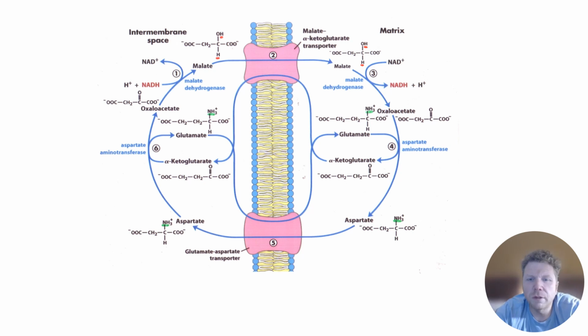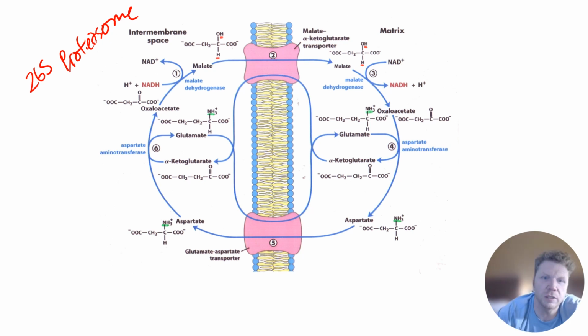Now, in order for this to happen, it's important for you to remember where on Earth the 26S proteasome is. The 26S proteasome is in the cytosol. These free amino acids are going to make their way into the intermembrane space.